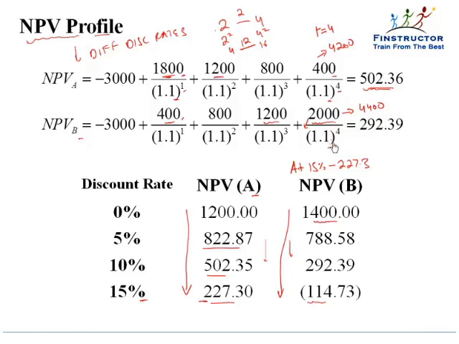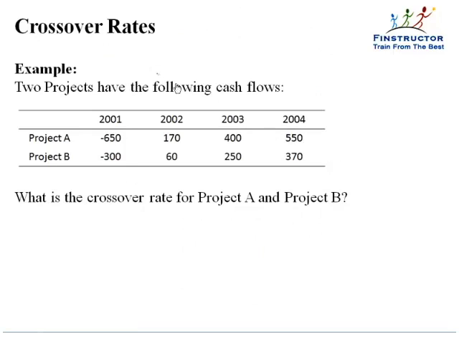This brings us to a very important concept of crossover rate. So crossover rate is the rate or the discount rate at which the NPVs of the two projects are the same.